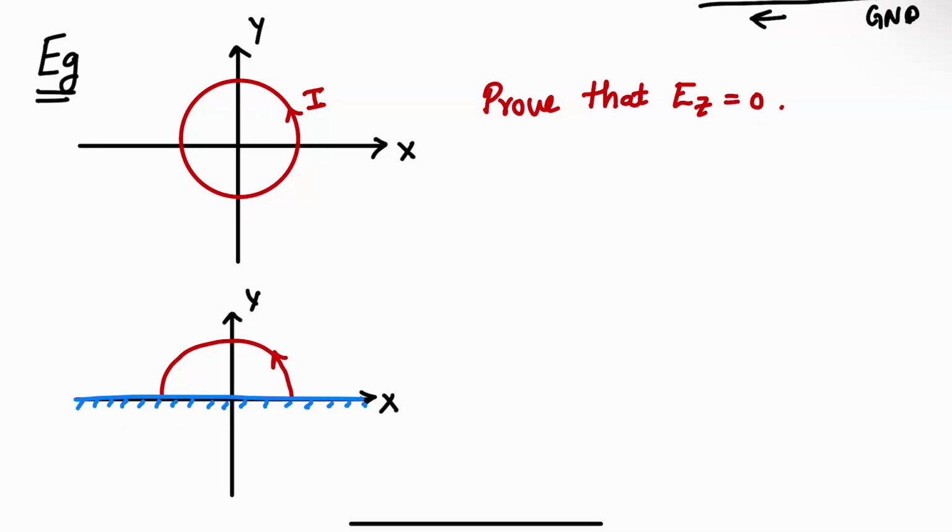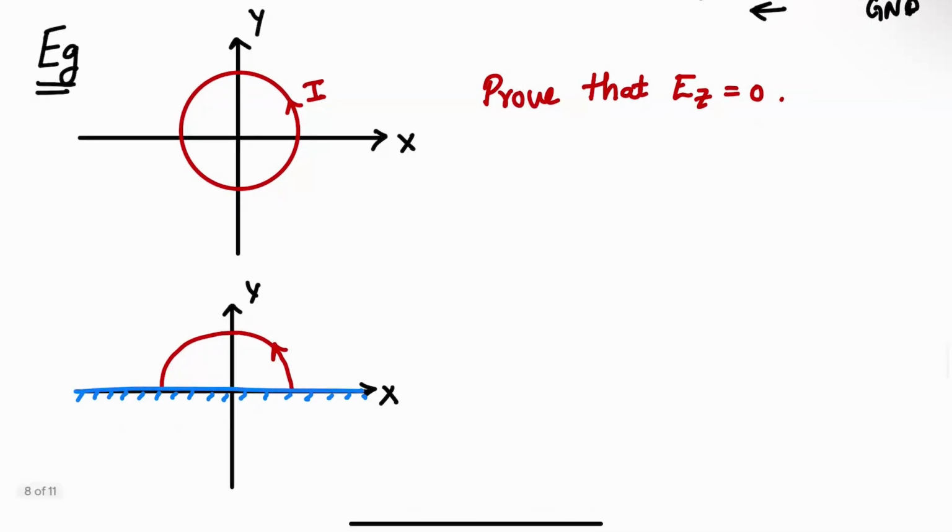Now what you can do is you can say, okay, are these two problems equivalent? And you can show that they are equivalent because in this place the current is going up, which means that its image is also going up. Here the current is going down, so the image is going down. Out here the current is going to the left, which means that the image is going to the right.